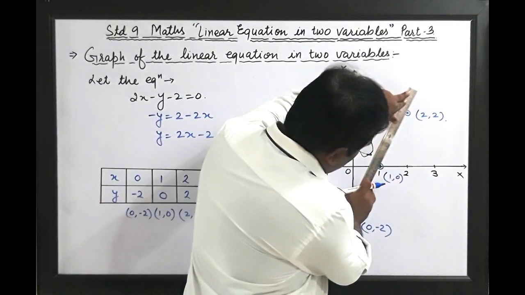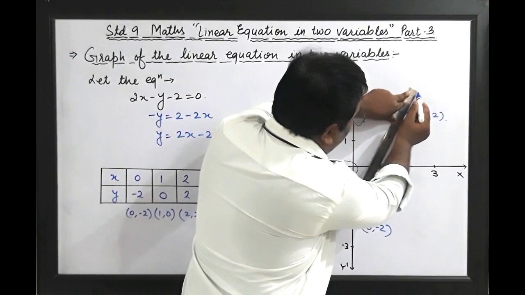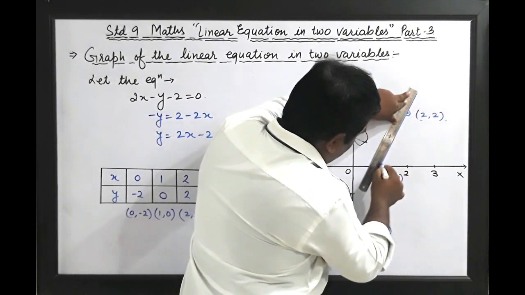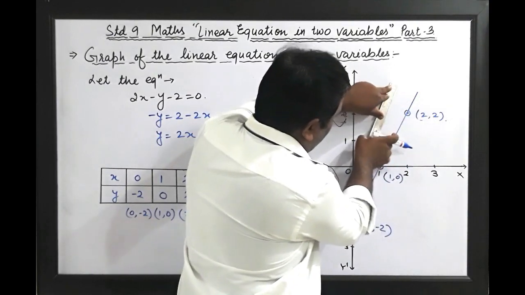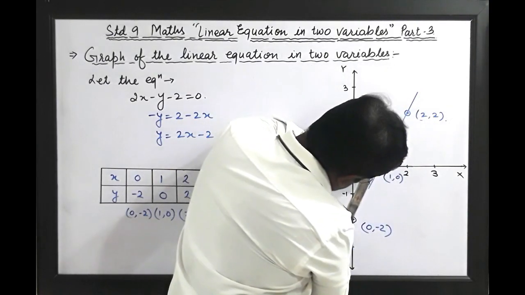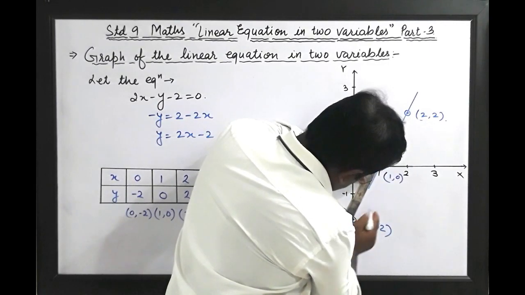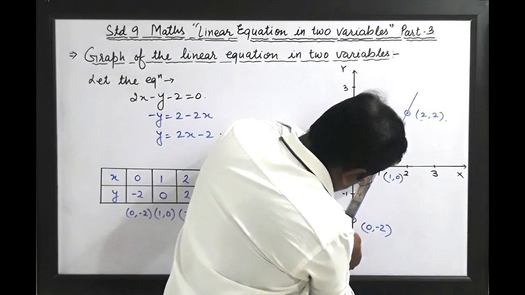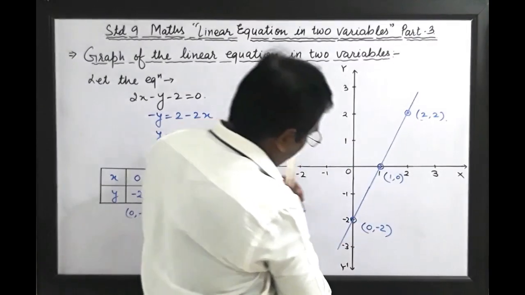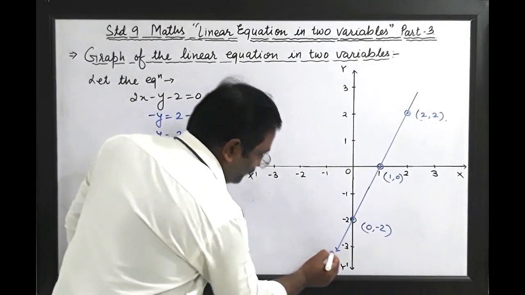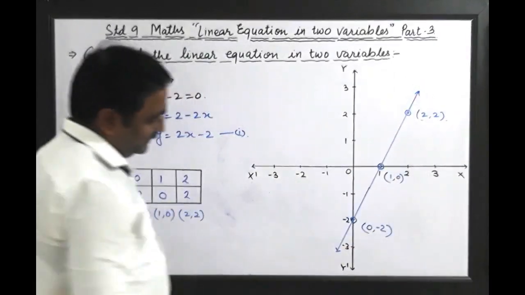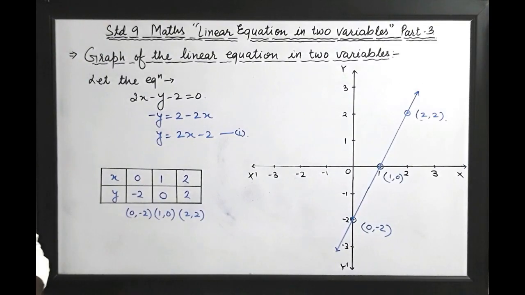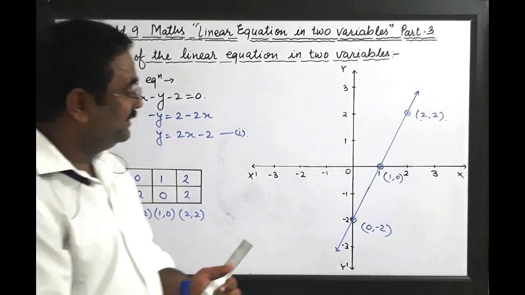First we join these points. When you join these 3 points, you will get a line, and this line is a straight line.